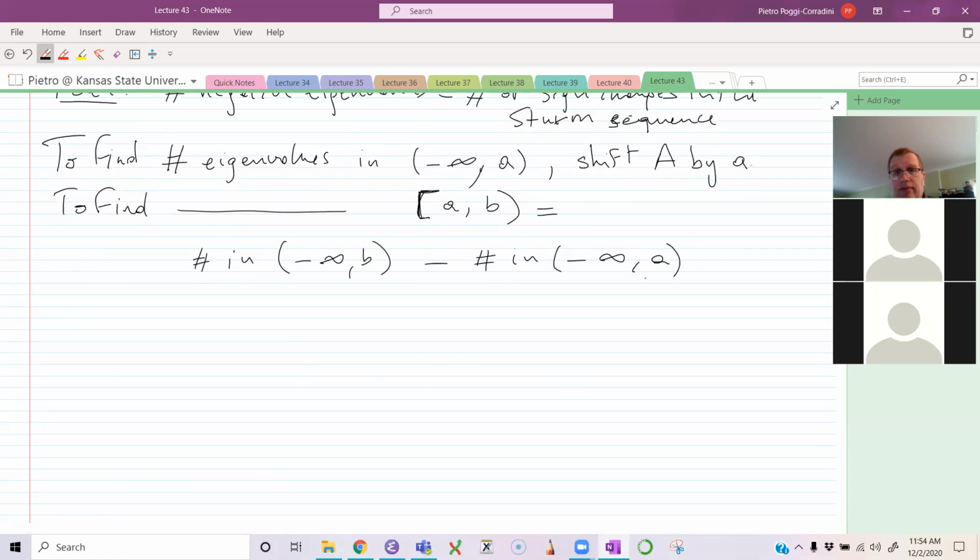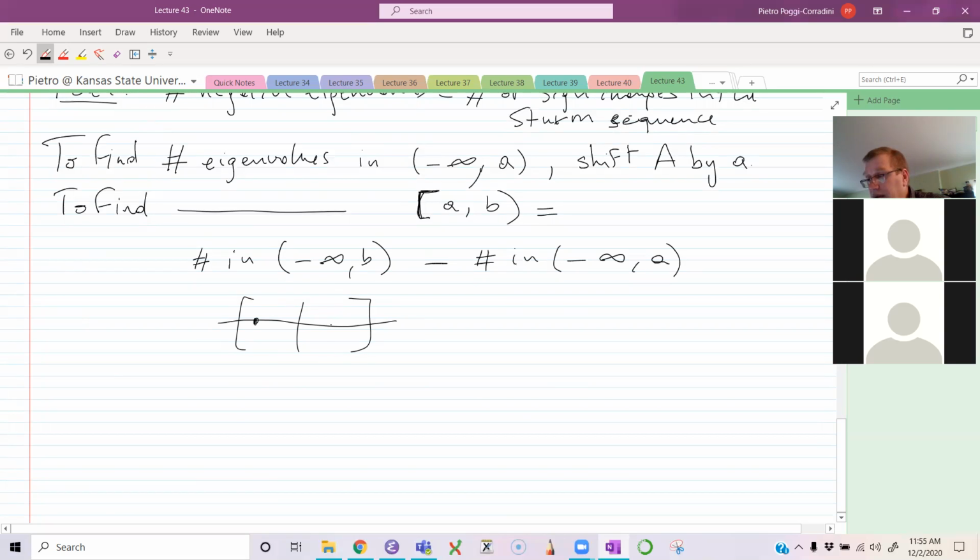And so you can kind of zero in on eigenvalues by, for instance, doing a bisection algorithm where you figure out how many there are in this interval, you split it in half, and then you check. Right? So eventually, let's say that there's 1 here.